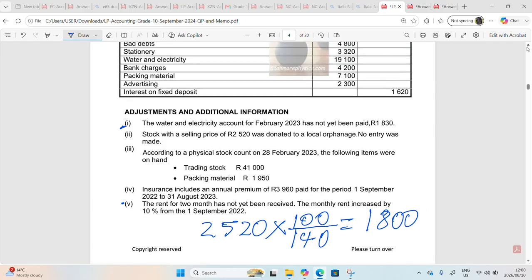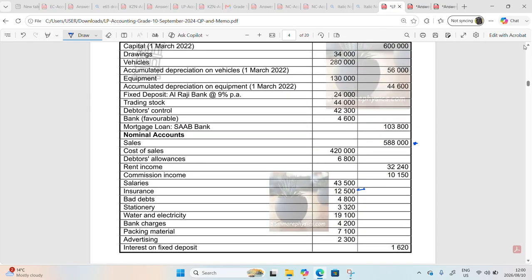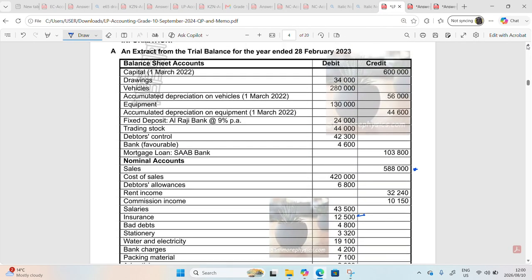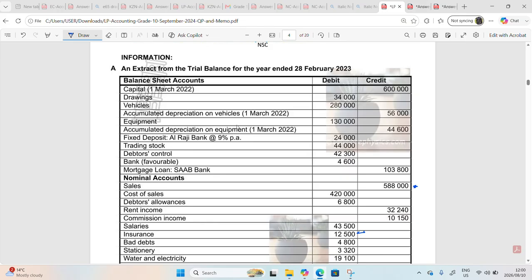So donations will also affect the value of our trading stock on the list of balances. So from your trading stock, you're going to take 44,000, you minus 1,800, and then you should have a new value of your trading stock. It's 44,000, the trading stock, guys.